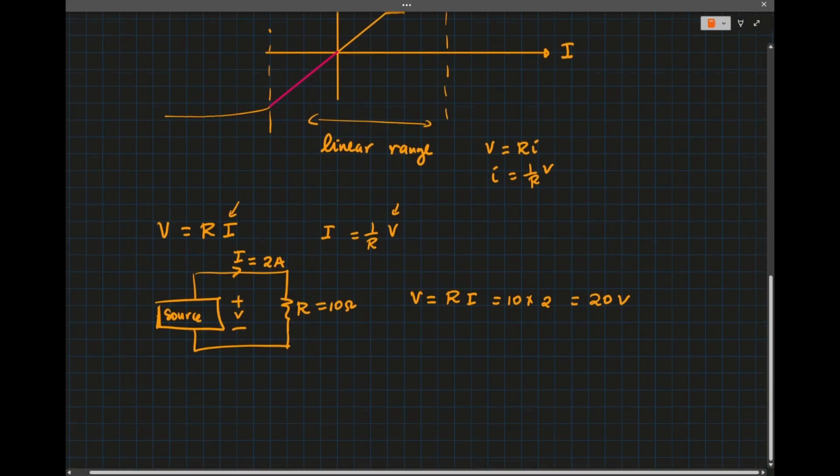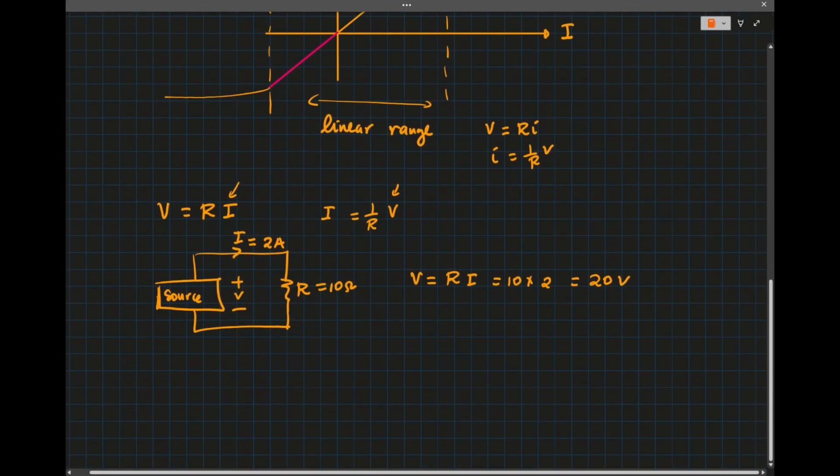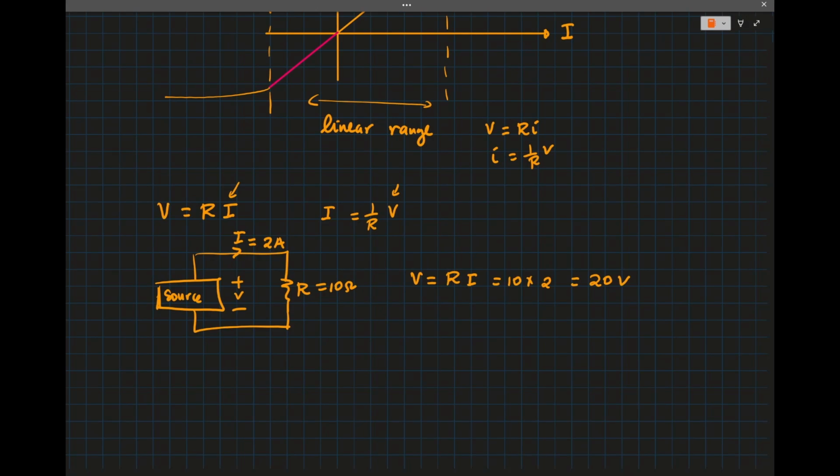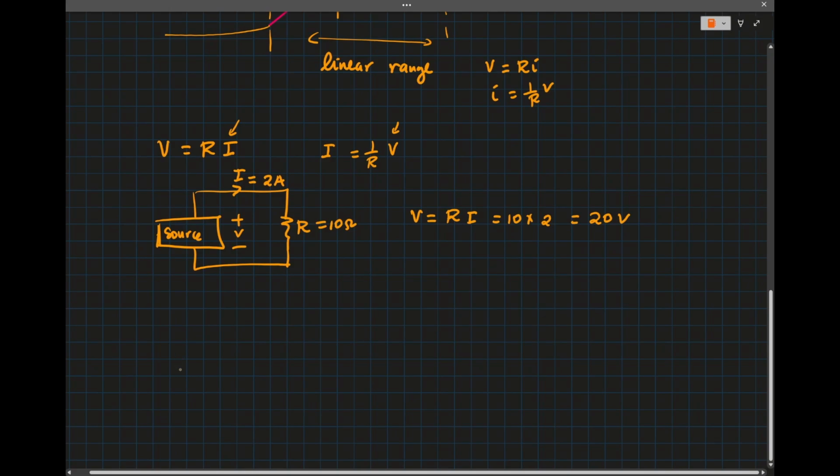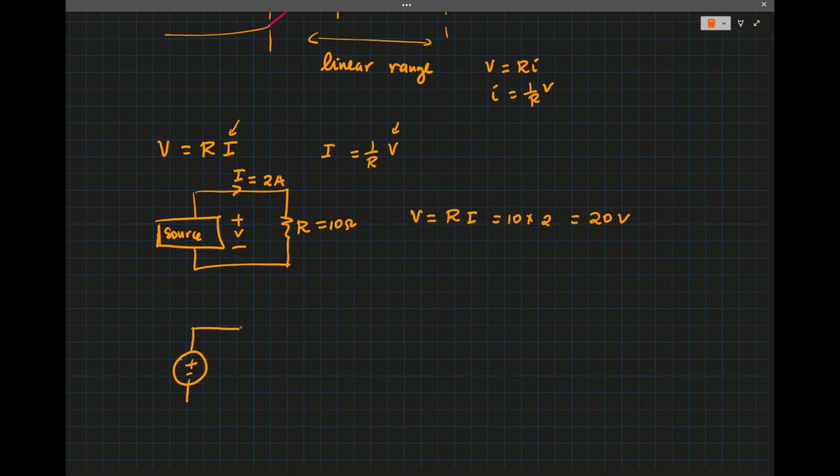Okay, all right. Let's say you are given the voltage and the current. So if we have this scenario where we have the source here and we know the voltage, let's say this is 10 volts and this is 5 amps, and then let's say we don't know the value of the resistor.